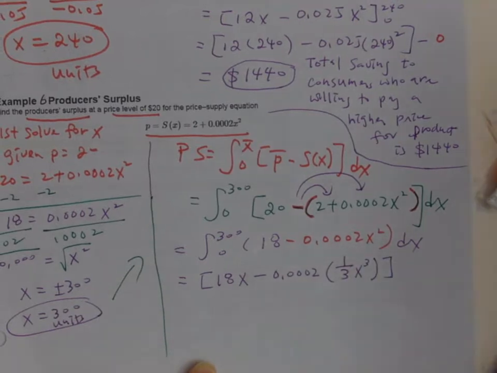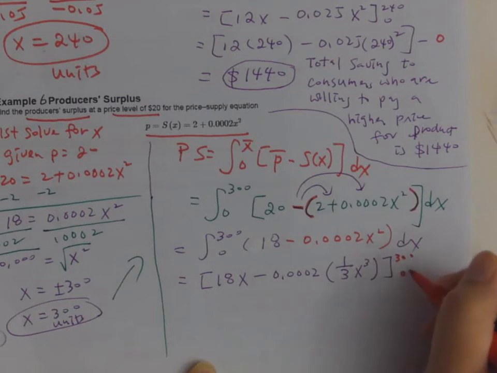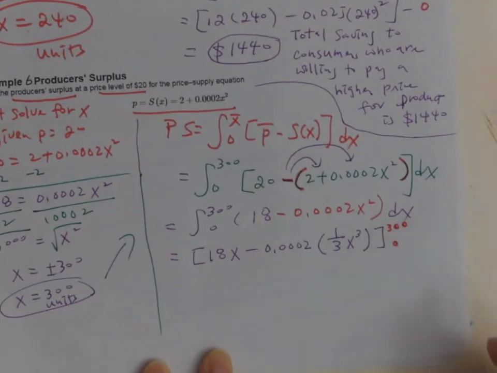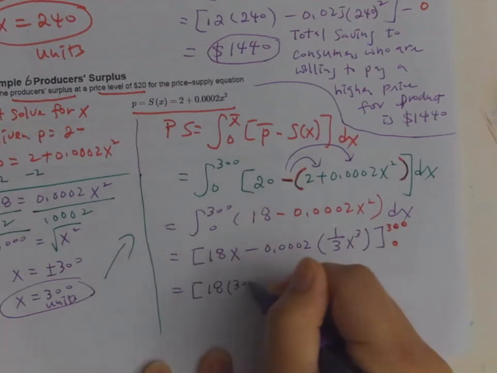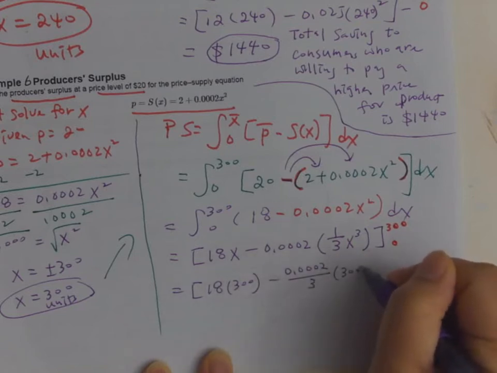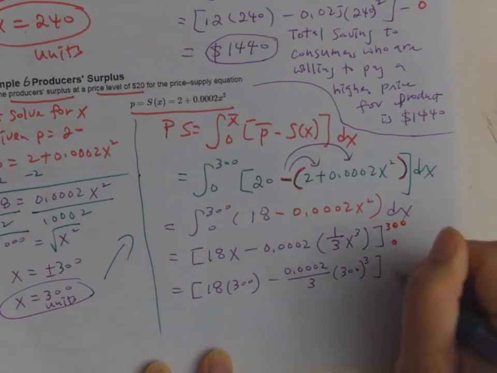And after I take the integral, I can wipe those numbers and plug in on the side. All right, so I like the 0 part because both of them need to multiply by x, so I'm just subtracting 0, so that is awesome. And then the next part is plugging in those numbers. I'm going to have 18 times 300 minus 0.0002 over 3 times 300 cubed. And then I was supposed to plug in 0 to subtract, right?